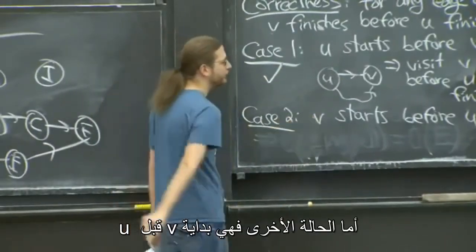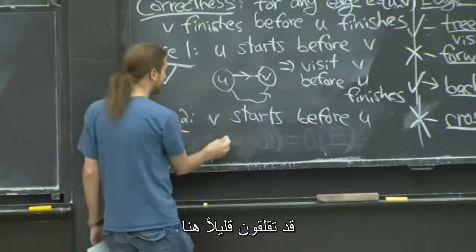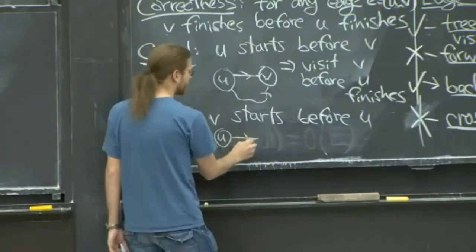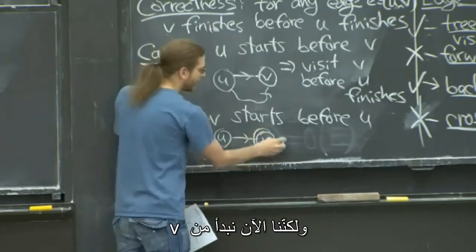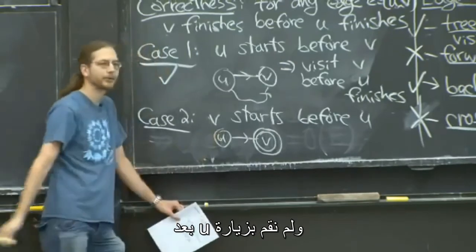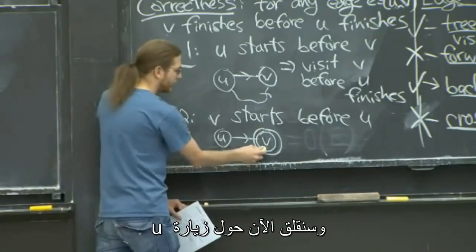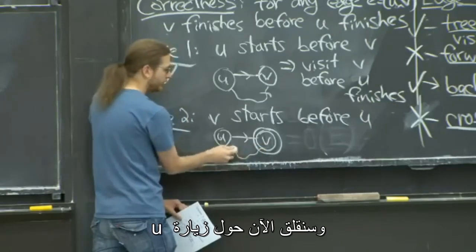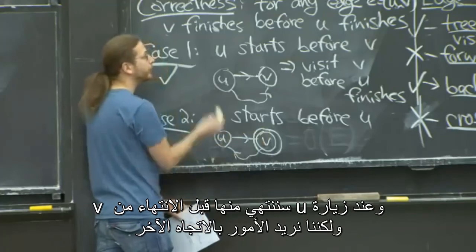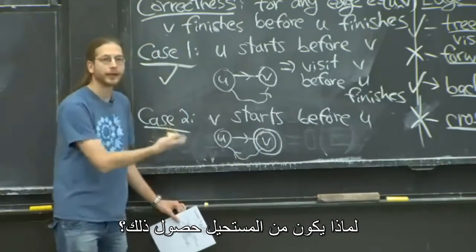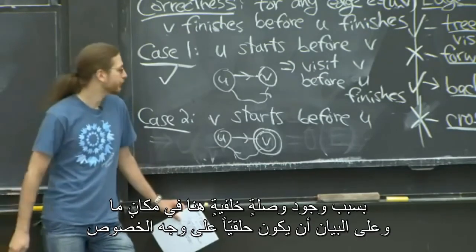The other case is that v starts before u. Here you might get slightly worried. So we have an edge uv still, same direction. But now we start at v. u has not yet been visited. Well, now we worry that we visit u. If we visit u, we're going to finish u before we finish v, but we want it to be the other way around. Why can't that happen? Because there's a back edge somewhere here.